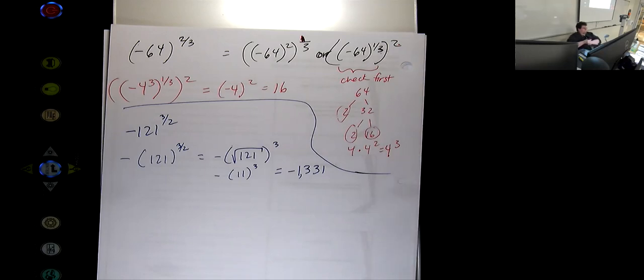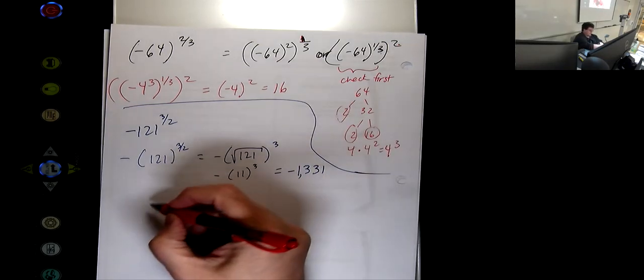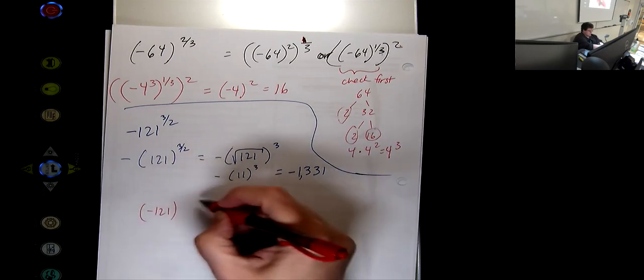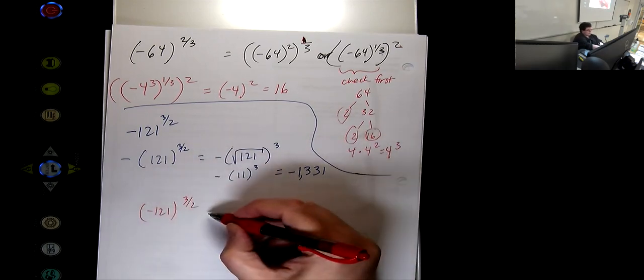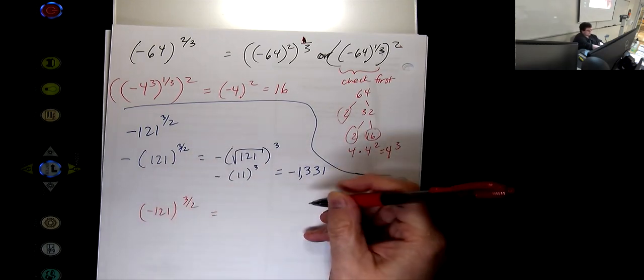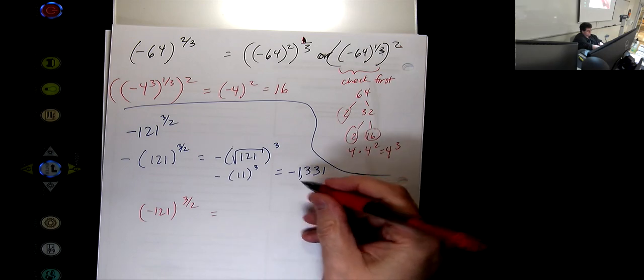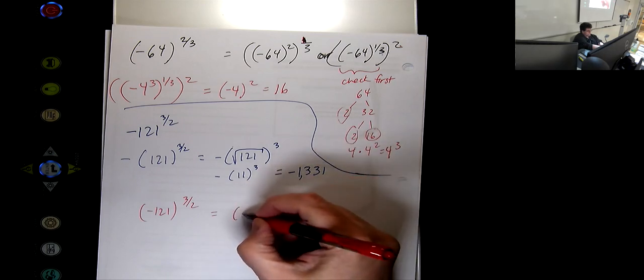Yeah. I got negative 1,331, but I put the negative inside of the parentheses and did the exponent on the outside. So if you put it on the inside like this, where did you go from there? What was the next thing? I went and I put the 1/2 on the 121.